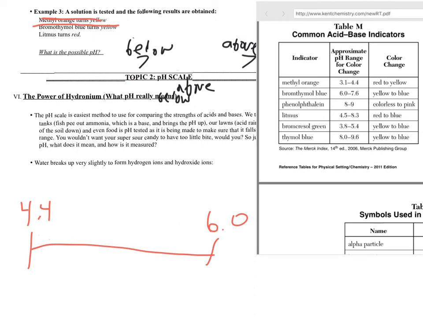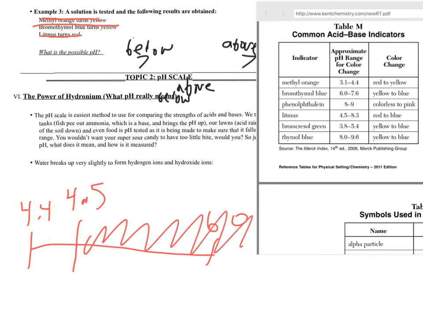So 4.5, that kind of knocks most of these numbers out of the park, right? We've got to be lower than 4.5, but we also have to be higher than 4.4. So it's definitely not anything in here. So I can actually even just get rid of that.